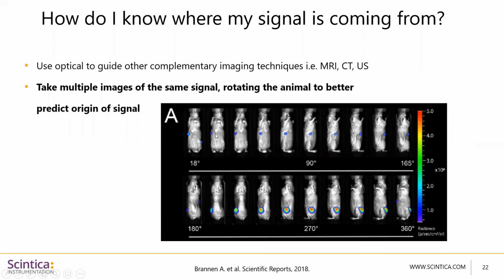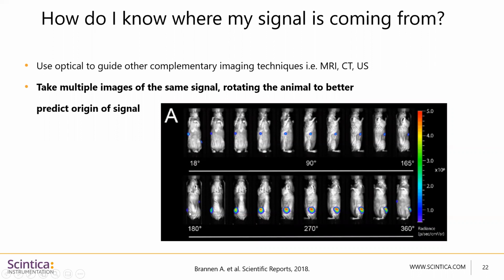As we start to rotate and take images of this same animal, just past 90 degrees, we can see, okay, yeah, it's on the right side of the animal. It's also fairly shallow, almost directly under the skin at the dorsal end of the animal.